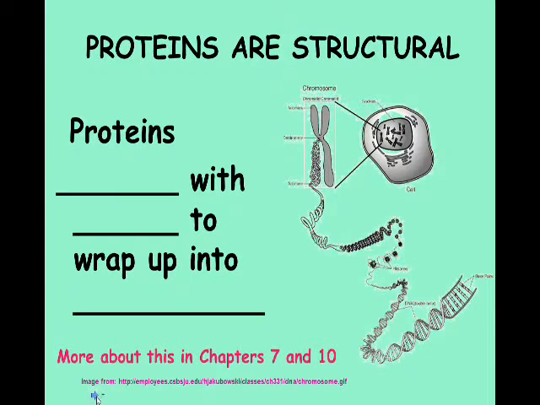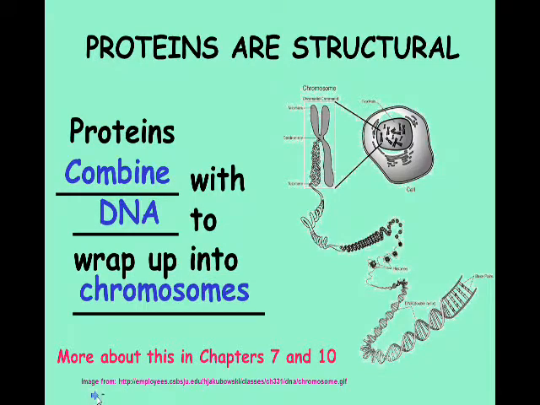They also are structural in that they combine with DNA to wrap into chromosomes. You have a lot of DNA in your cells. Human body cells have 46 chromosomes. If I was to take a chromosome and unravel it, what I'd find inside is a big, long, one piece of DNA.